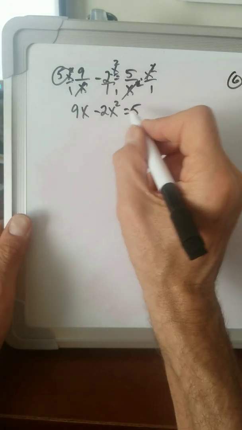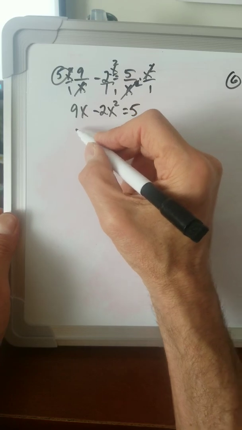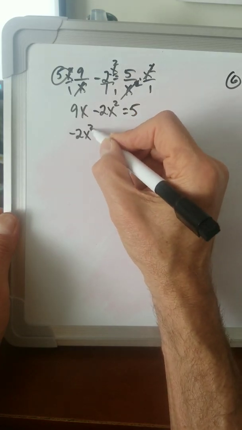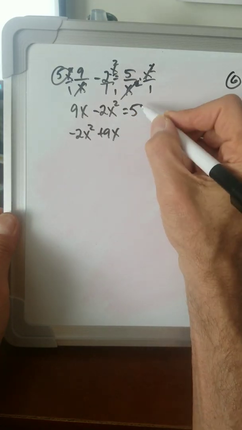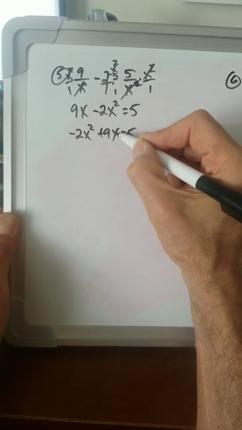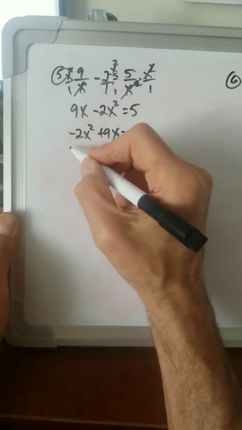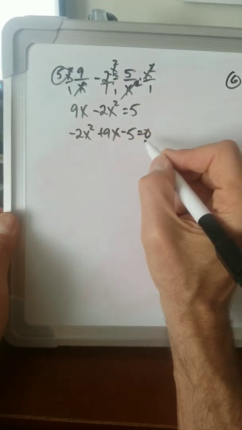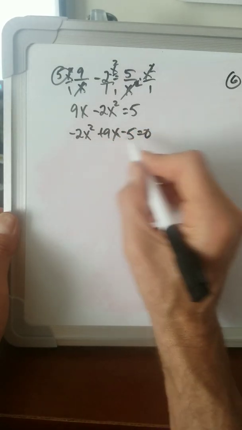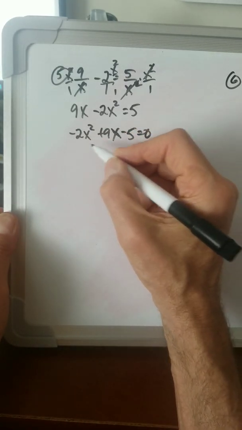Okay, let's bring everything to the left side and put them in descending order. Negative 2x squared plus 9x. Bring the 5 over, becomes negative 5 equals 0. Okay, now you can divide everything by negative 1, or you could just use the numbers the way they are. It doesn't matter.